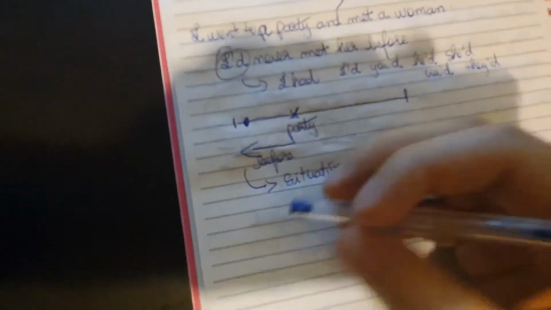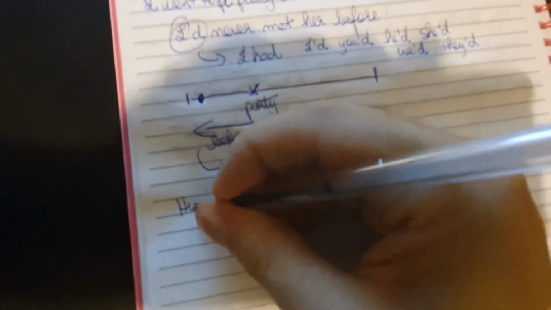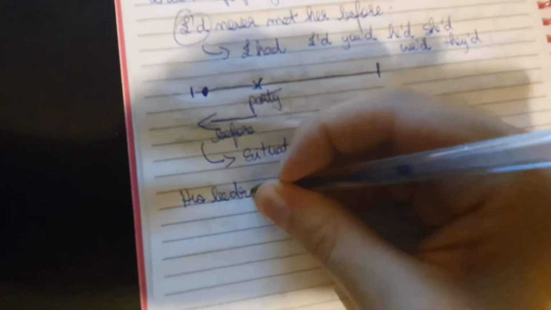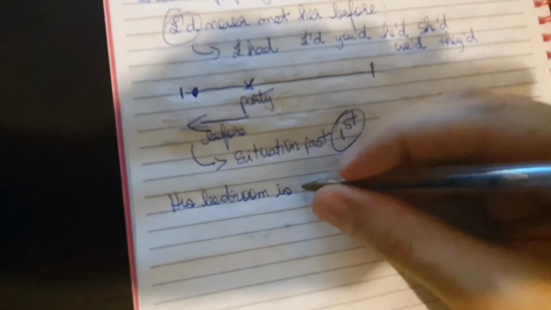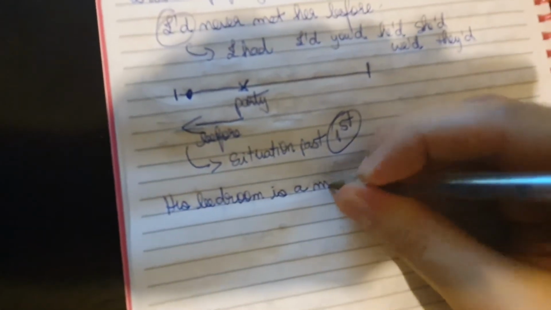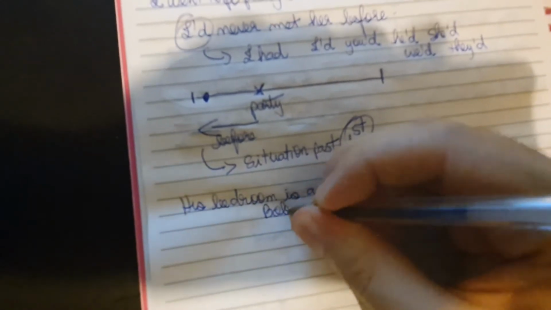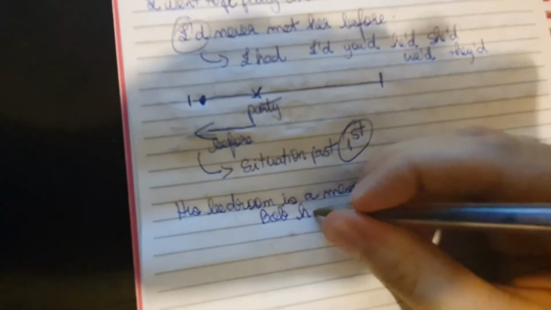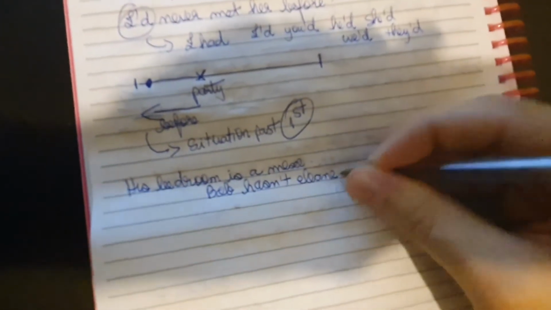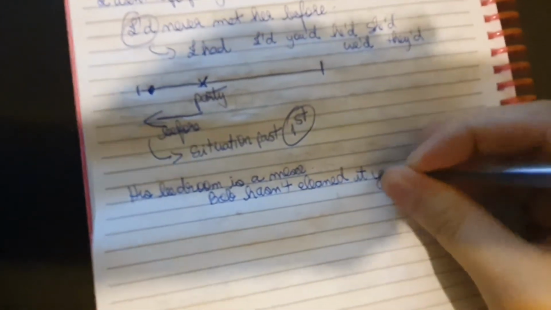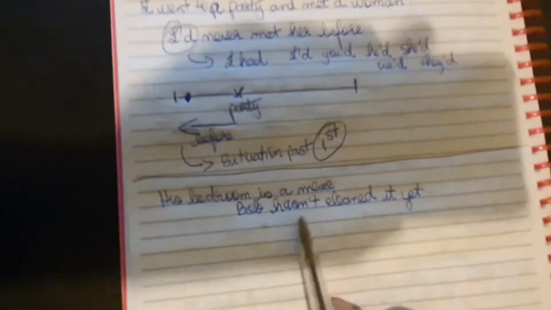Another example. His bedroom is a mess. Bob hasn't cleaned it yet. Which verb tense is this?